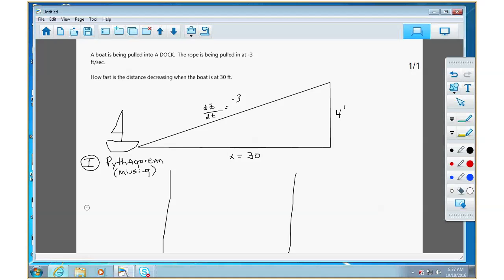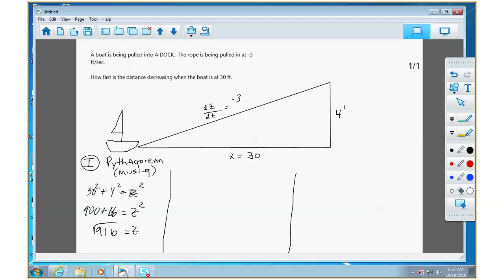So, what is it? 30 squared plus 4 squared is equal to c squared, or z squared. That's 900 plus 16 is equal to z squared. z is equal to the square root of 916.